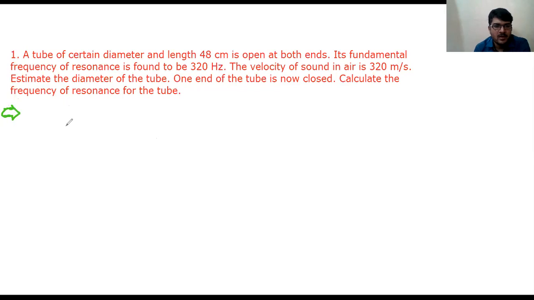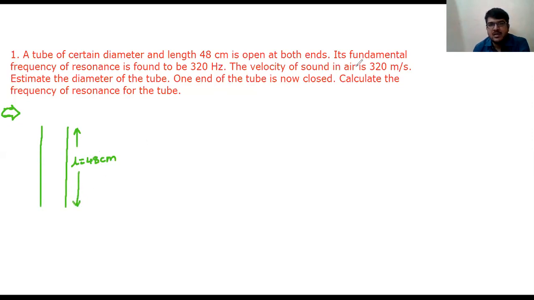Okay, so I am drawing a diagram for you. You can see here this is the tube which is open at both ends. It means it is like an open pipe. And they have given its length as L is equal to 48 centimeter. Okay, up to this we understood.